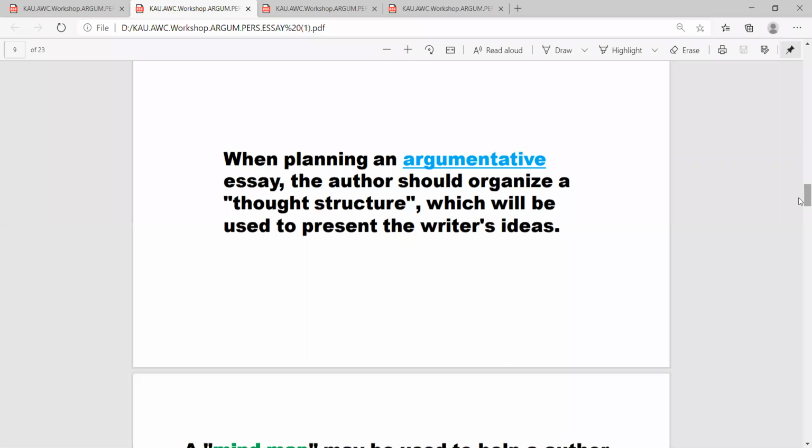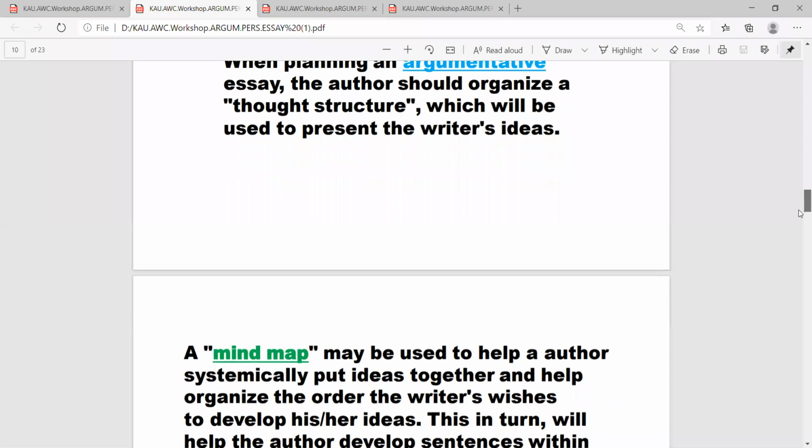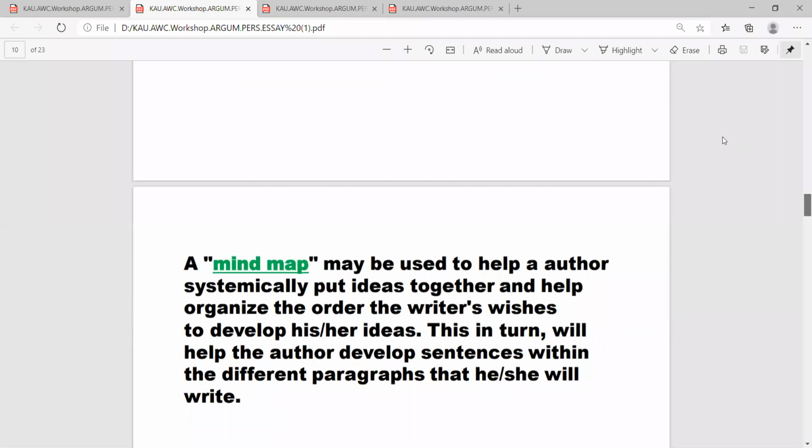All right. When planning an argumentative essay, the author should organize a thought structure. What does that mean? Well, I'm sure you know what it means already. It means, how am I going to talk about a point?